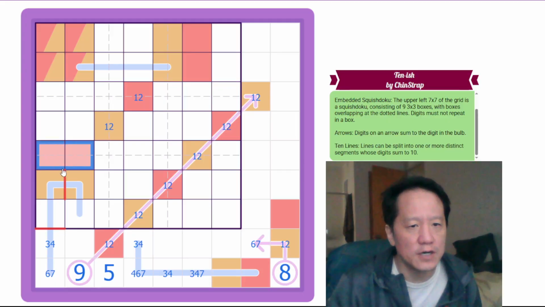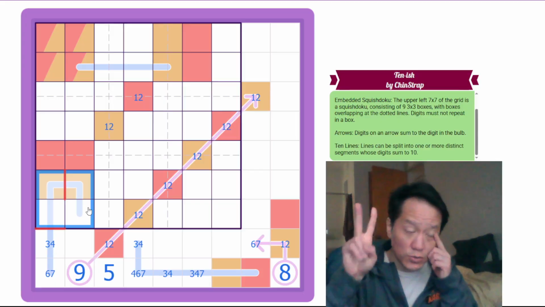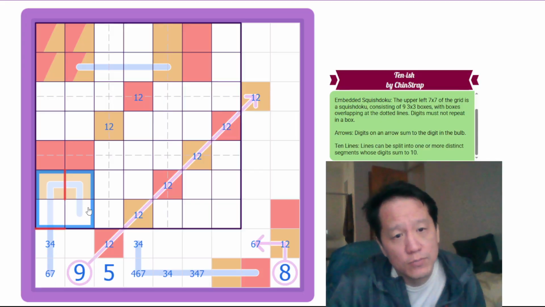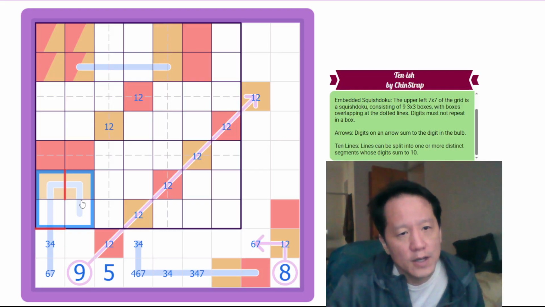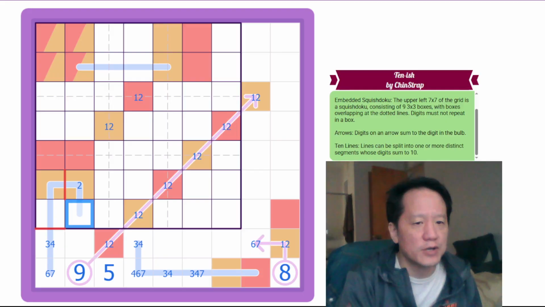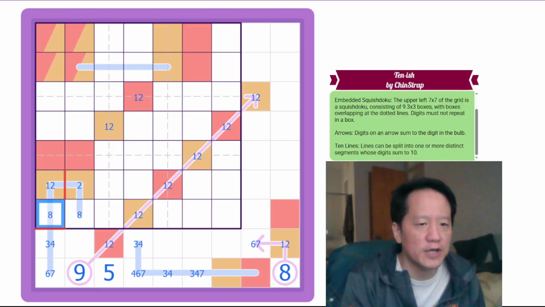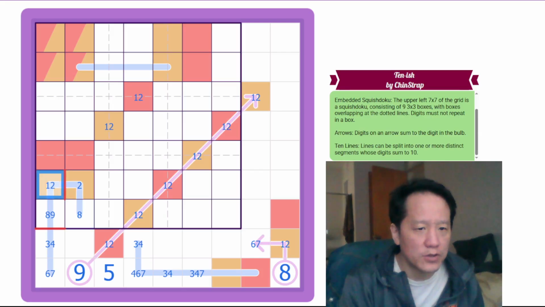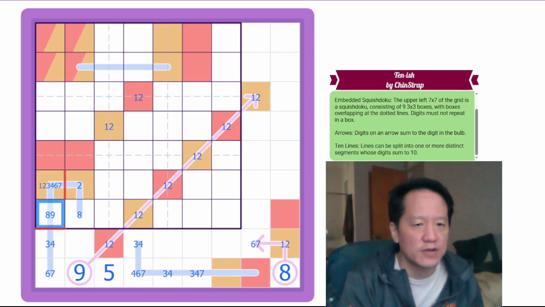So that means the other 1 or 2, as red, cannot be in the set, right? So these are 4 digits, 2 of which each add up to 10. And one of them is going to be 1 and 9, but it cannot be here. So this could be 2 here and 8 here, or this could be 1, 2 with 8, 9 there. And the other one has to be 3, 4, 6, or 7. It's still pretty broad.